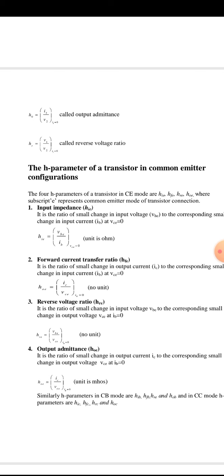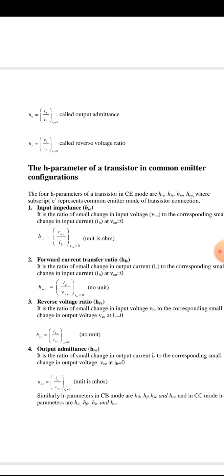In the same way, calculate the hybrid parameters for common base mode and common collector mode. The only change is in the subscripts. In common base configuration, the notation is HIB, HFB, HRB and HOB.